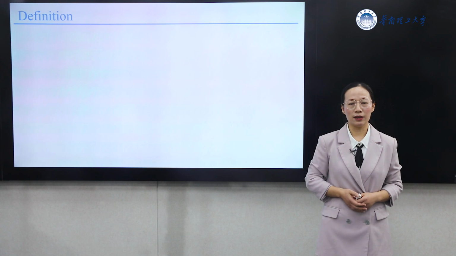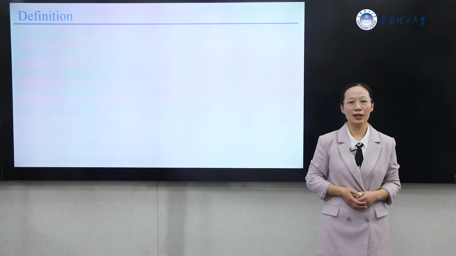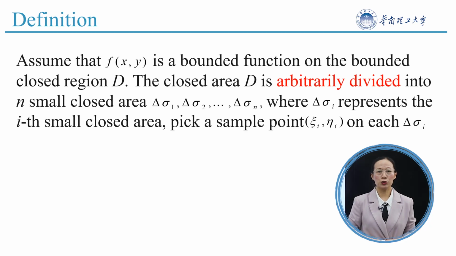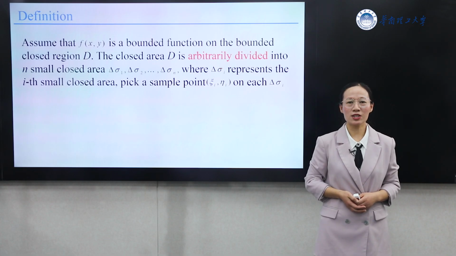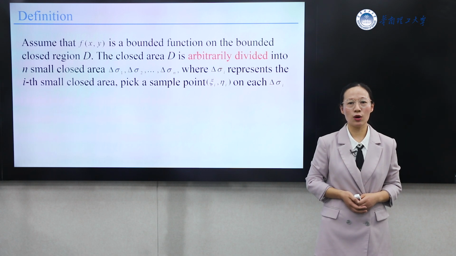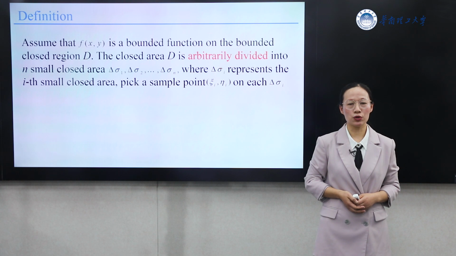Now we give the definition of double integral. Assume that f(x,y) is a bounded function on the bounded closed region D. The closed area D is arbitrarily divided into n small closed areas, delta sigma 1, delta sigma 2, till delta sigma n, where delta sigma i represents the ith small closed area.